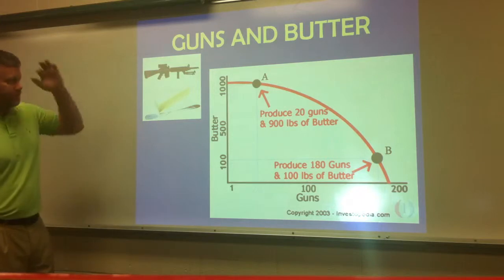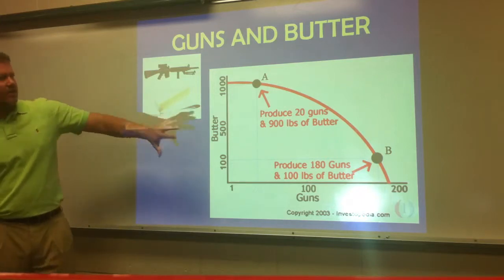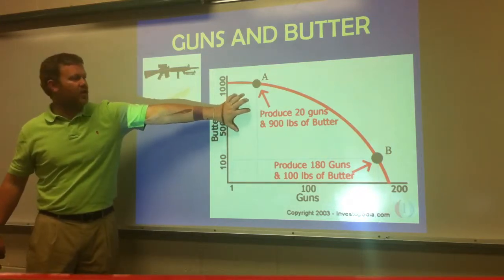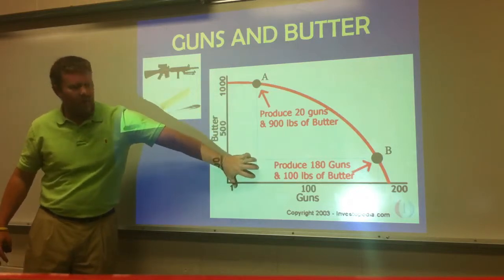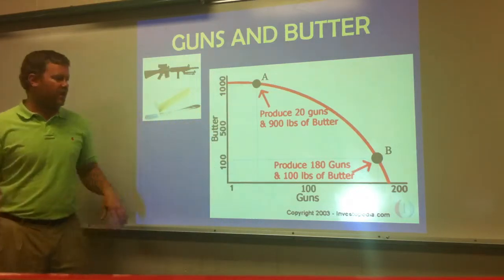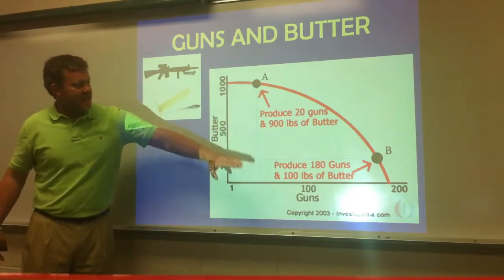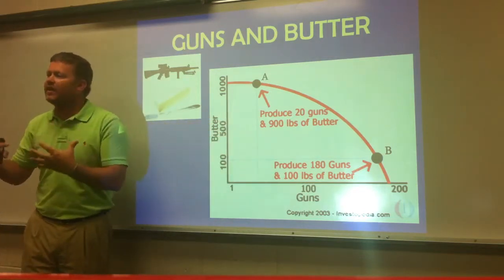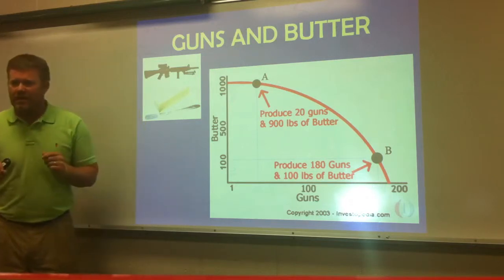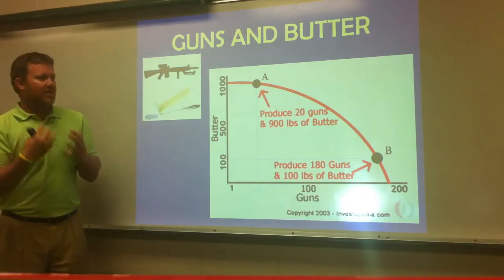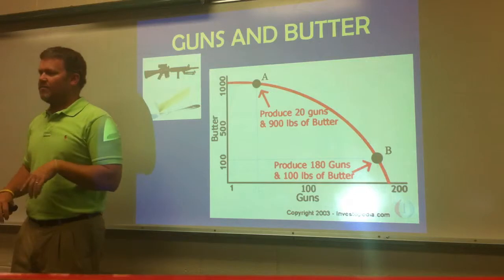Okay? So, if you're a country that is going to shift your current production at point A to the production levels for both goods at point B, you have an opportunity cost. That opportunity cost is the 800 pounds of butter that you're giving up. But I think it's a little better idea. It really balances out your economy.